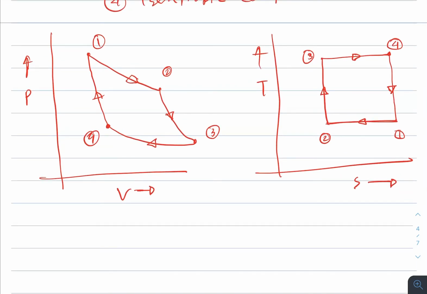So from the TS diagram, we can see two isothermal processes, which are these two. Let me use a different color for the isothermal ones.